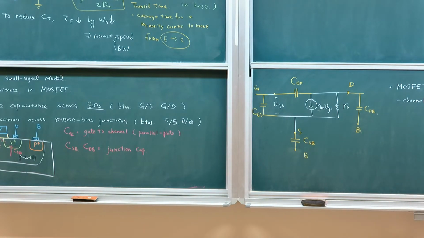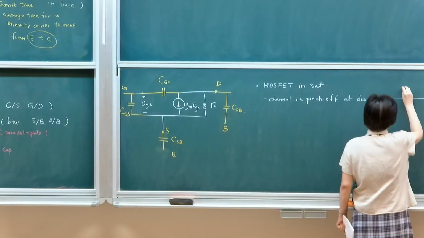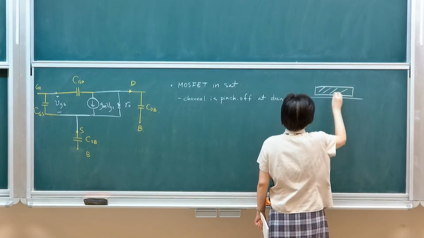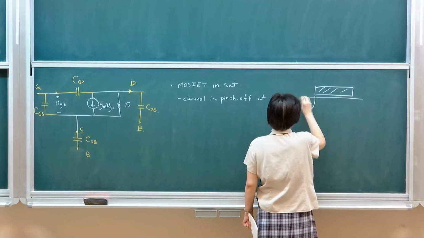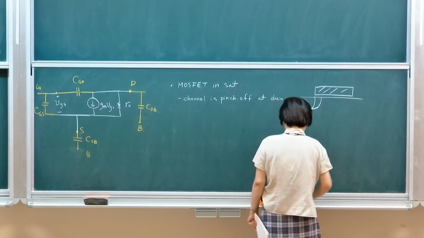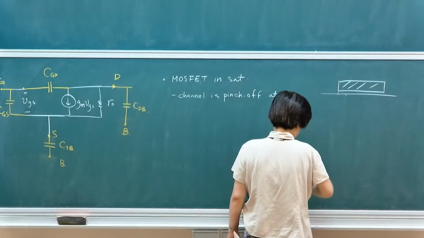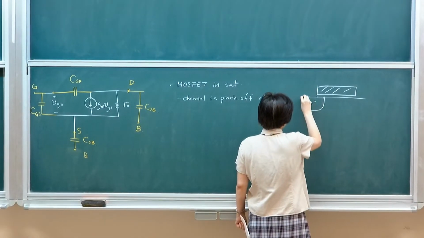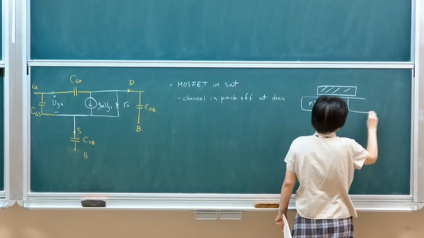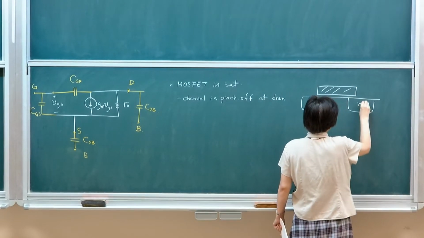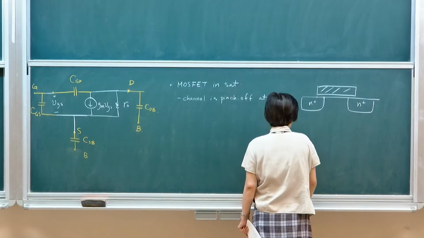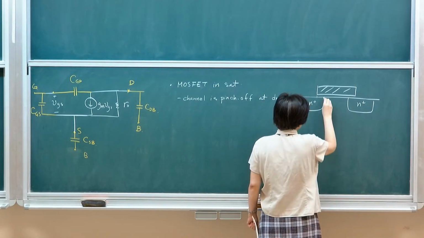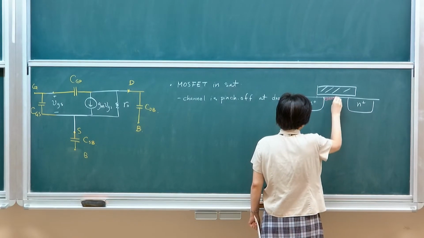This means that if I look at a channel, let me plot it over like this. This would be my N plus region. For an NMOS transistor, if you look at the charge, there will be inversion charge, electrons.